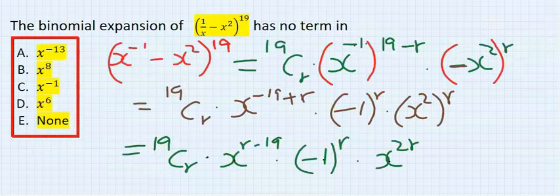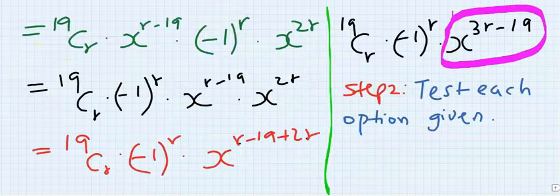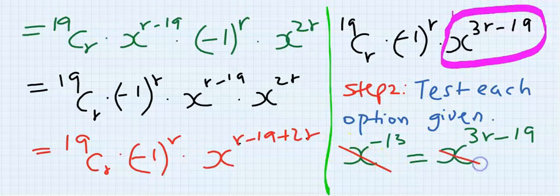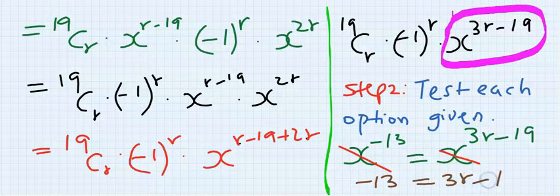So I will test this first, x to the power of minus 13. I will test it with x to the power of 3r minus 19. Powers of x match, so I'm going to have minus 13 is equal to 3r minus 19.